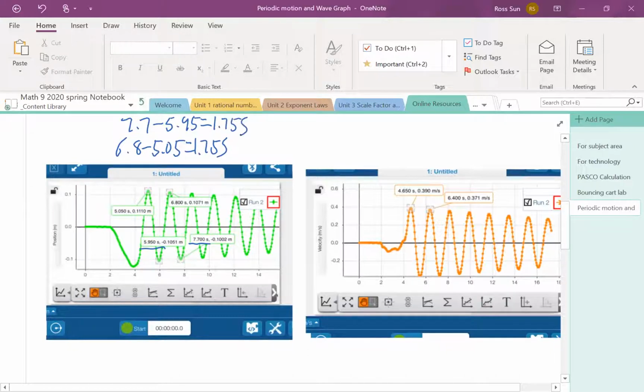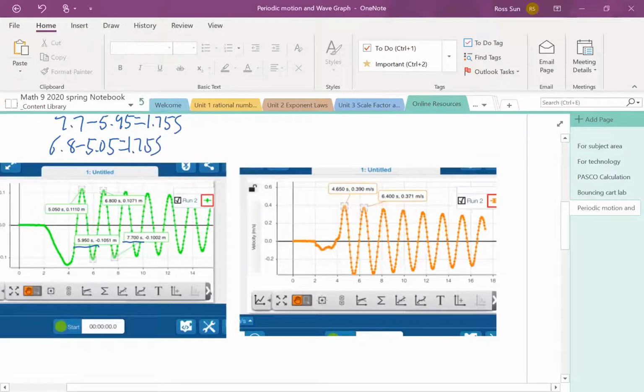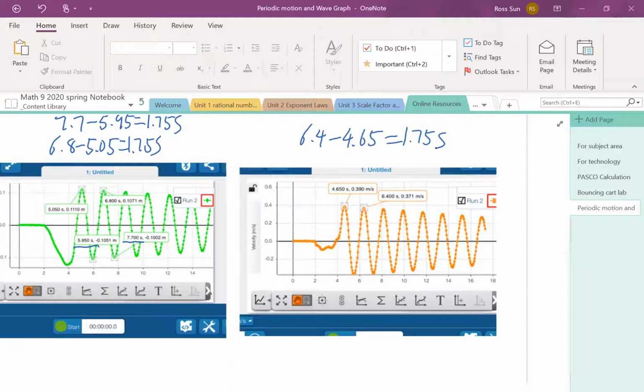Right, so the period is 1.75. And if you look at the VT graph, between the two crests, it's 6.4 minus 4.65, which is 1.75 as well. Right, so it's actually the same period for the PT and VT graph, and they are all wave motions.